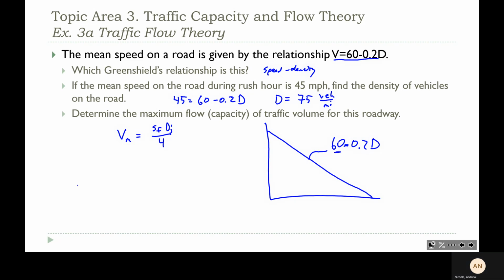What's this number? Our intercept, right? So we know from the relationship that that's the free flow speed.